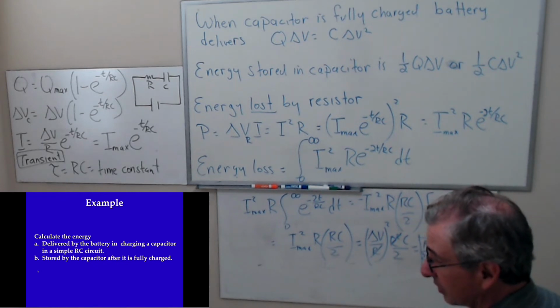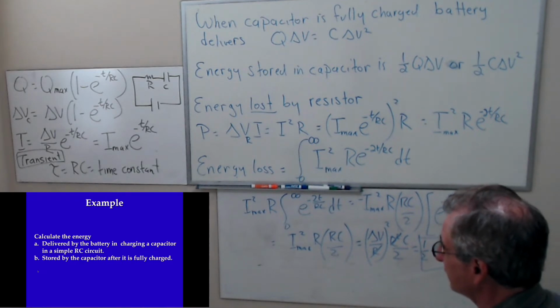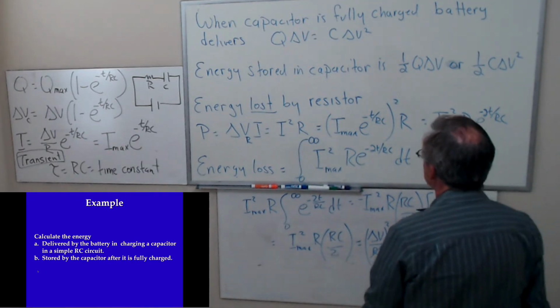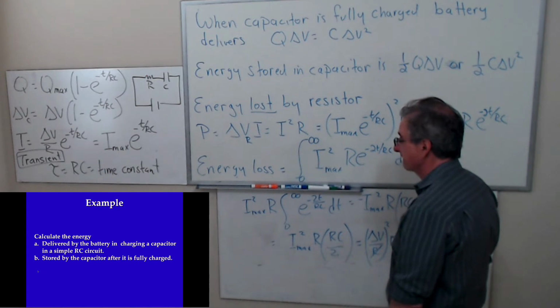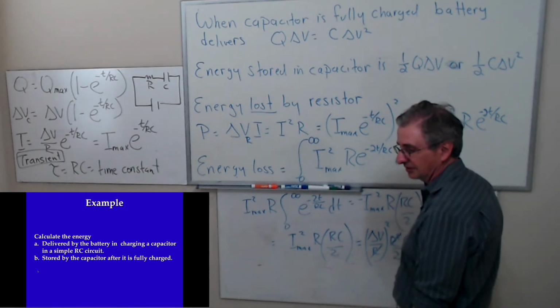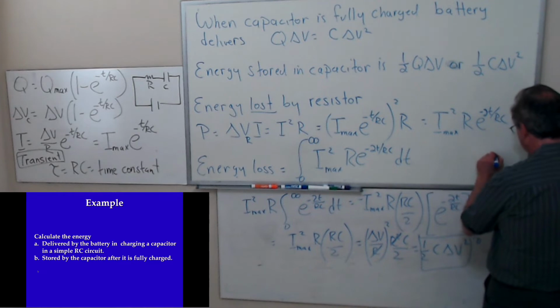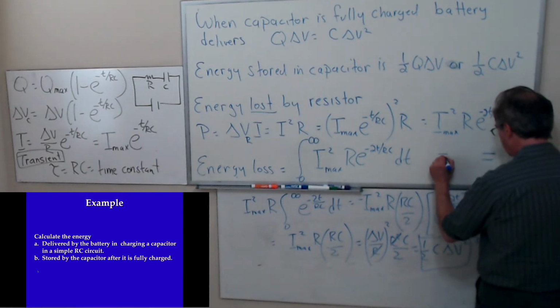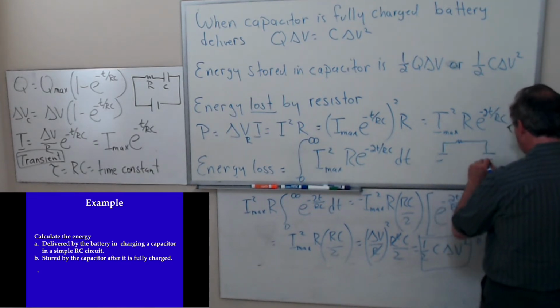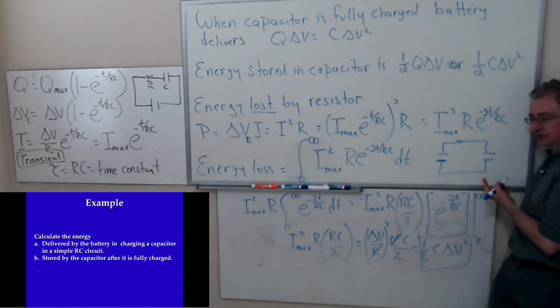Do you remember doing the problem in chapter 27 with the capacitor and the resistor? There was a problem where it asks you to calculate the energy before and after.